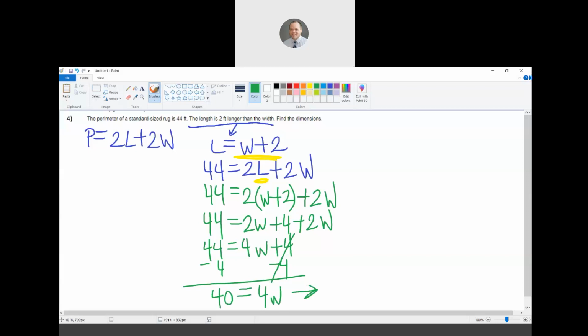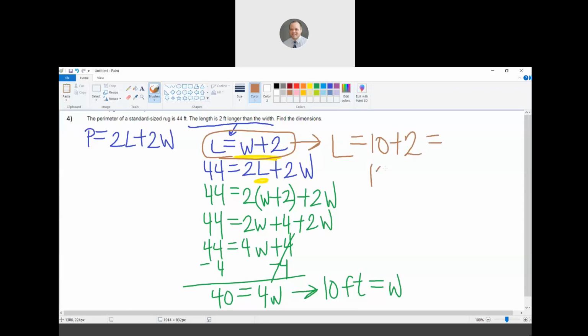Now, when you divide both sides of our equation by 4, we get 10 feet for the width. We need to find the length. Use the first equation in our system. And just replace W with 10. So our length is 12 feet.